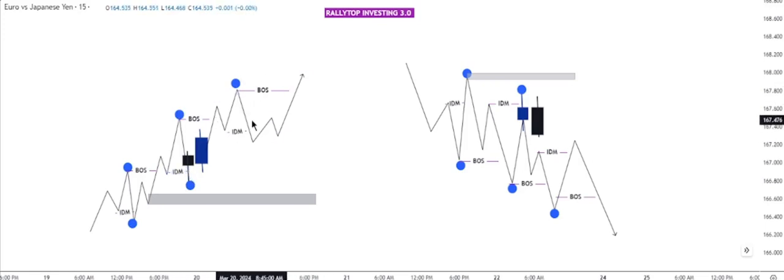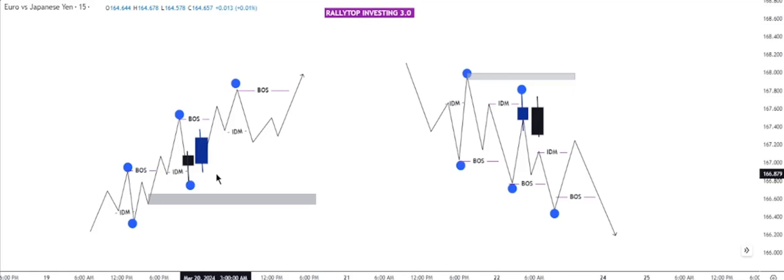Now, where I want you to pay attention is this area. Guys, let your eyes come to this area. I want your attention here. Please pay attention to this point. I earlier said to you that inducement is the first internal structure pullback, whether in the case of a bearish structure or a bullish structure.